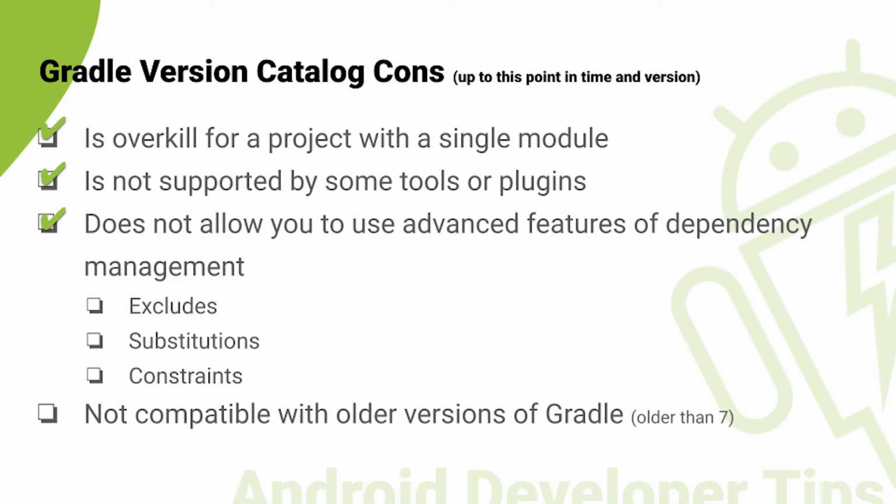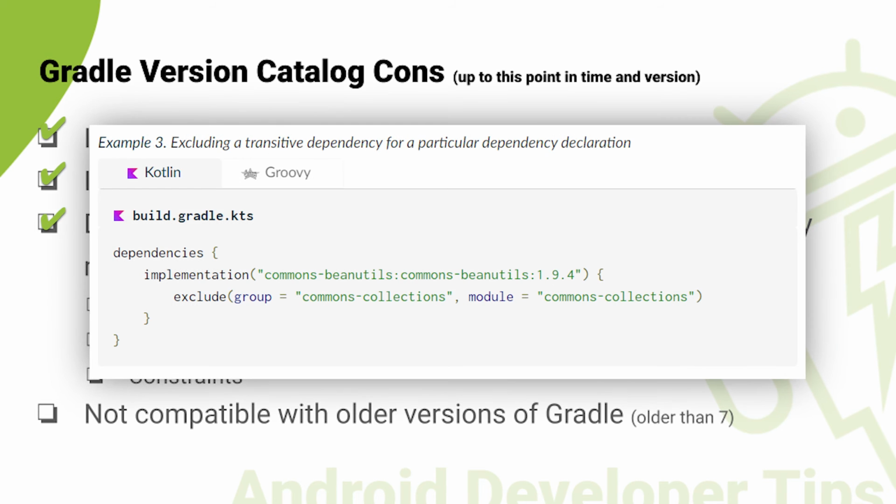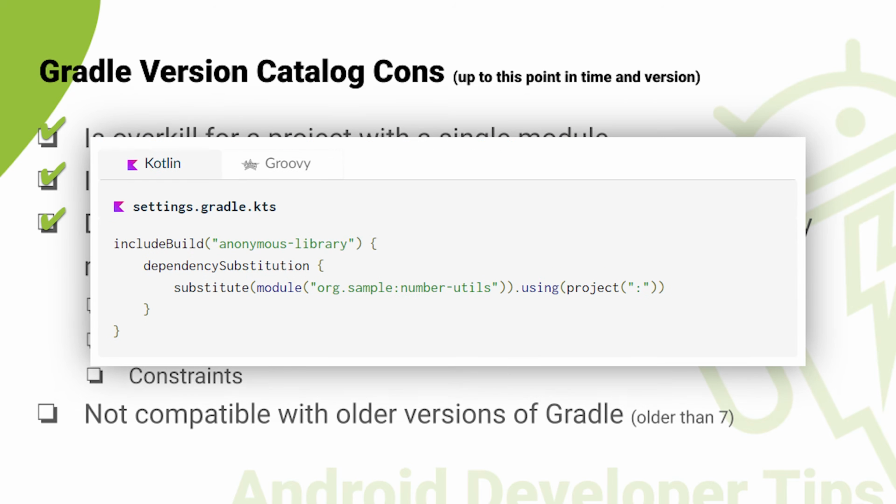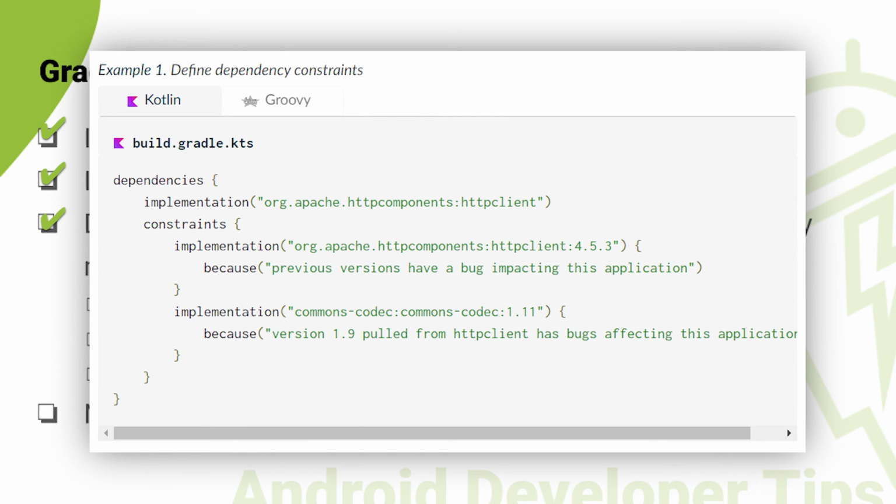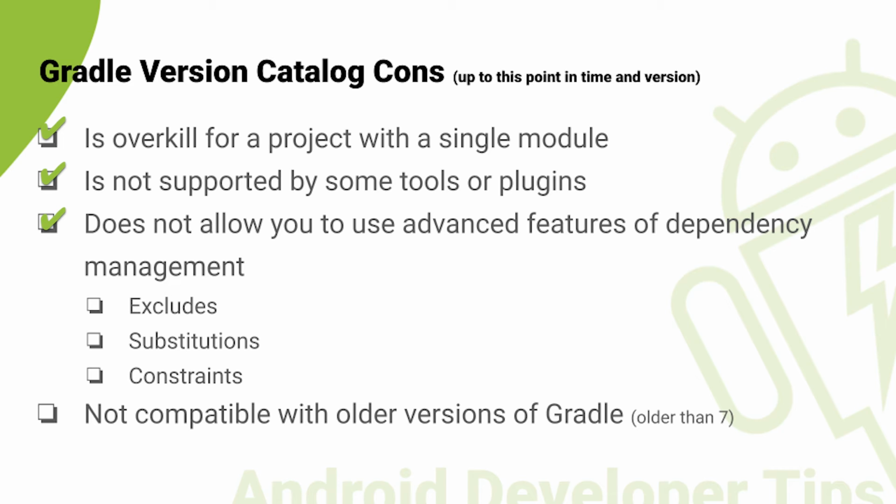It does not allow you to use advanced features of dependency management, such as dependency excludes, substitutions, or constraints. You can only use them as artifact declarations. And the last problem that you may face is that it's not compatible with older versions of Gradle, so you may need to upgrade your Gradle wrapper and plugin to use it.